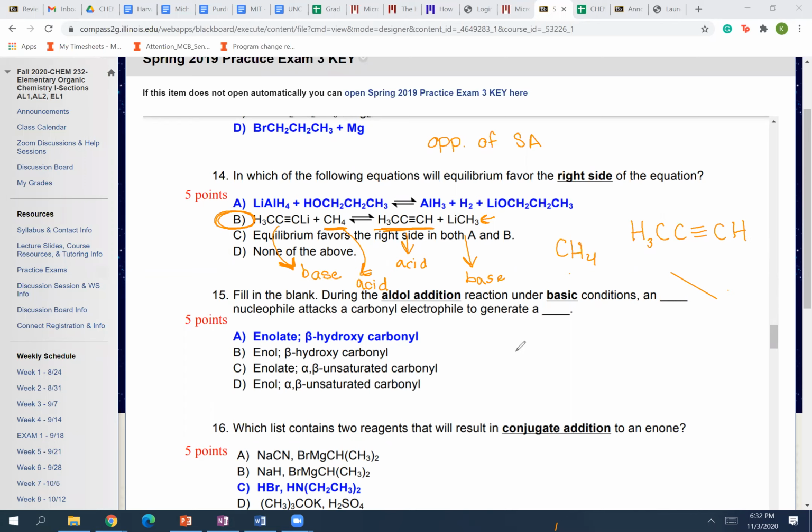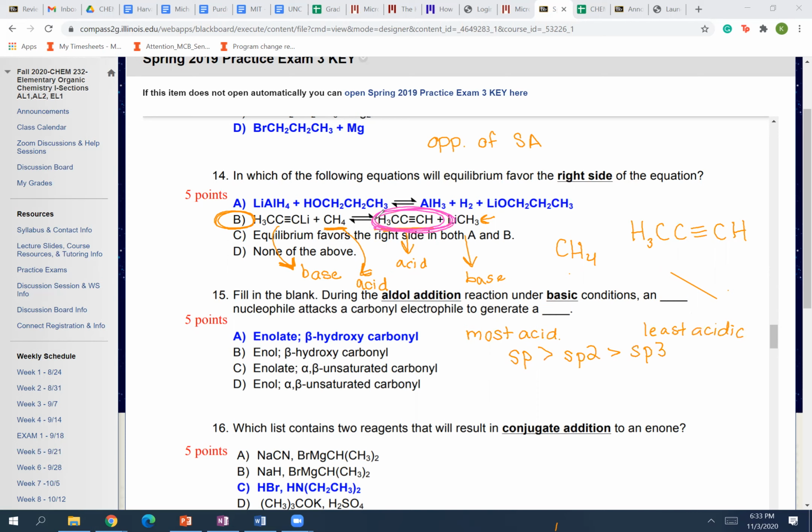And the orbital effect says that sp hybridized carbons are most acidic, then sp2, then sp3. So this is being ranked from most acidic to least acidic. So this tells us that our better acid in this case is going to be this terminal alkyne.